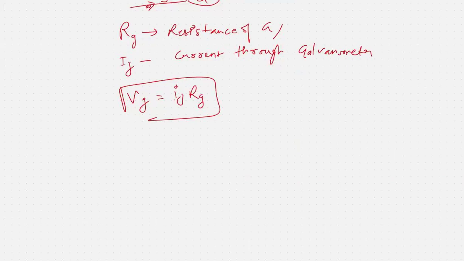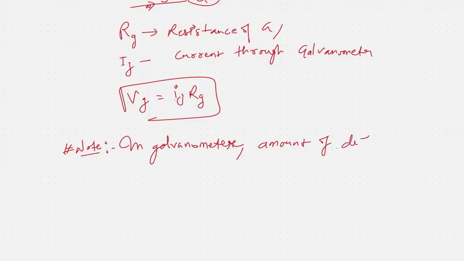The most important point to remember in galvanometry is that the amount of deflection is proportional to current.